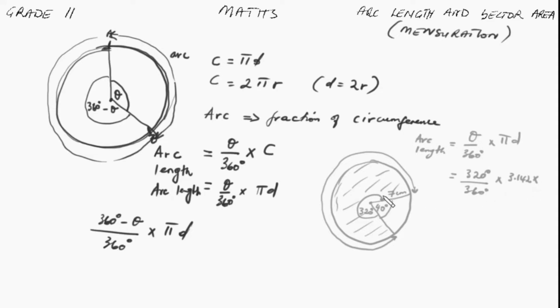If the radius is 7 centimeters, then the diameter would be 14 centimeters because diameter is 2 radii. This is what you will be working with. All right? So work out this. What do you get?